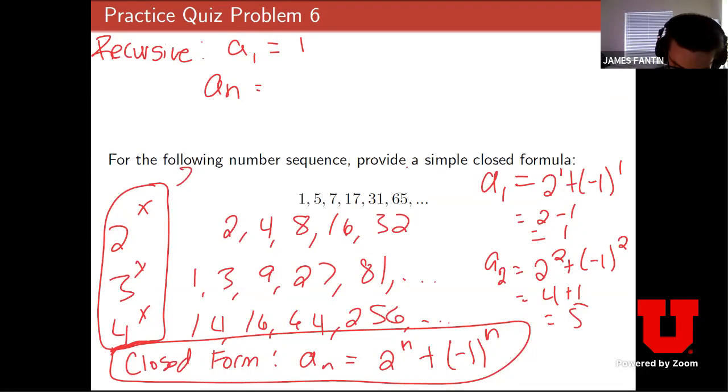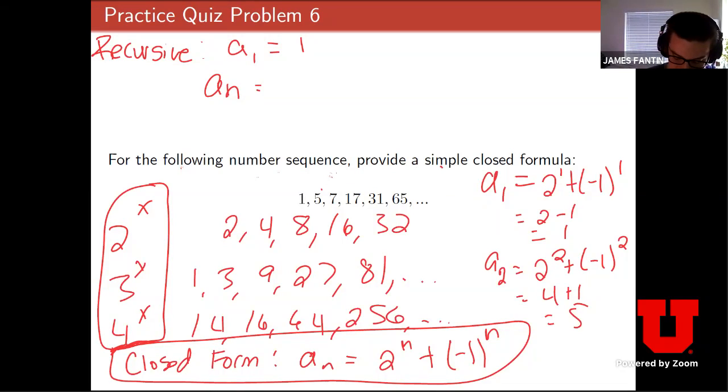So for example, 2 times 1 plus 3 is 5. 2 times 5 minus 3 is 7. 2 times 7 plus 3 is 17. And so Colby picked up on that pattern, and that works great.